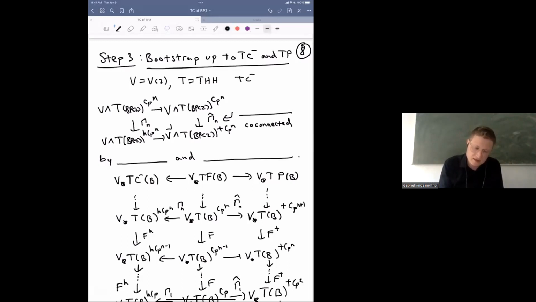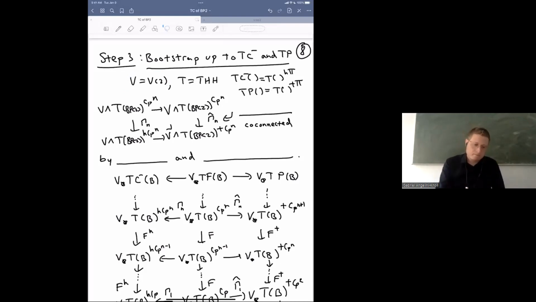TC minus is THH to the S^1 homotopy fixed points, and TP is the S^1 Tate construction of THH. I'm also going to write V for V(2) from now on, just to simplify the notation.